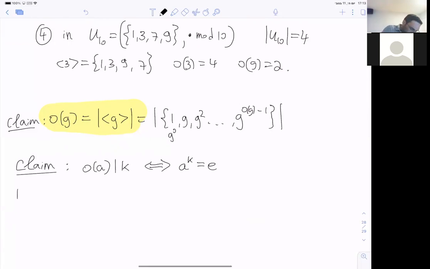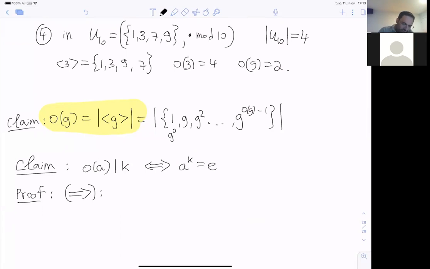So let us prove it. One direction is trivial. I mean, if the order of a divides k, so of course a to the power of k is e. Why? Okay, so let us prove this direction.